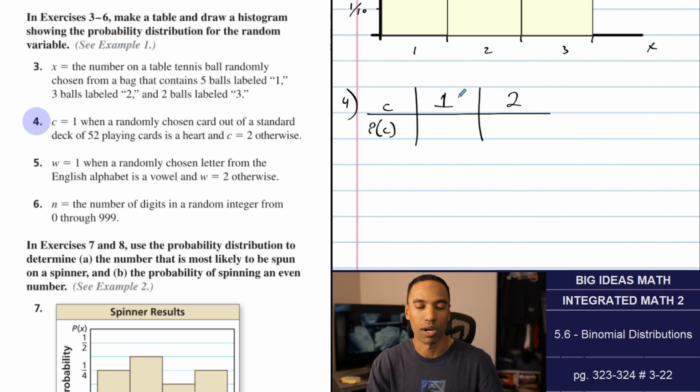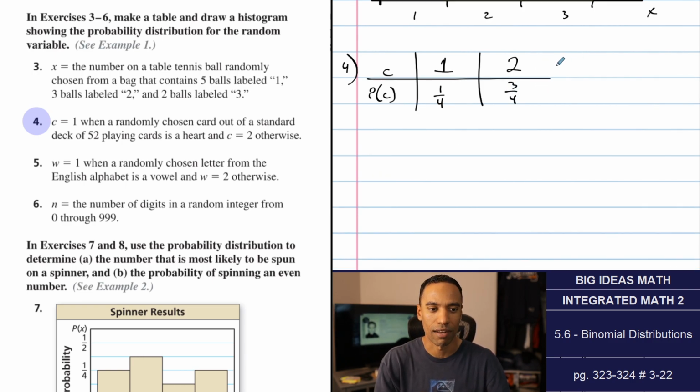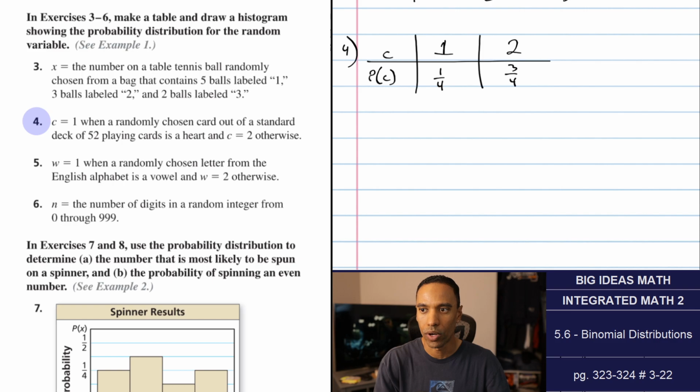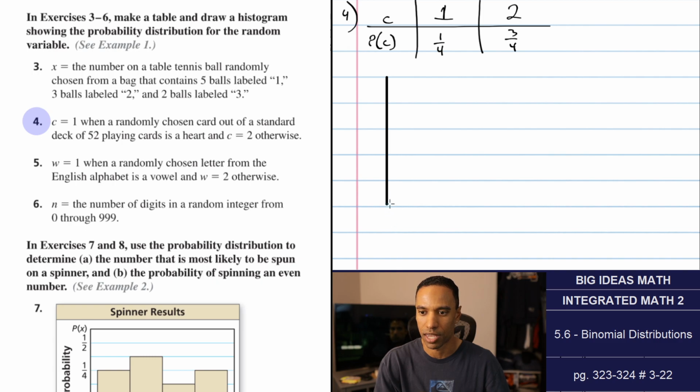The deck is broken up into quarters by suits. So 1/4 of them are hearts, 3/4 of them are not hearts. We don't need to actually put out of 52, even though it's 13 out of 52 and 39 out of 52. That's not necessary in this case.